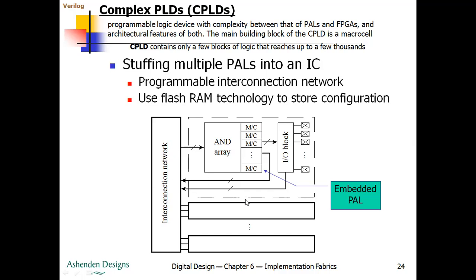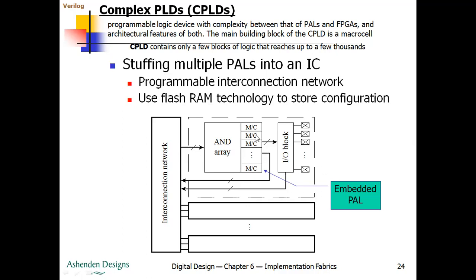Okay. So we have something called MC. This MC stands for macro cells. It is an extended version of OLMC, which we have seen in the previous circuit, where OLMC stands for output logic macro cell. It is the same macro cell.